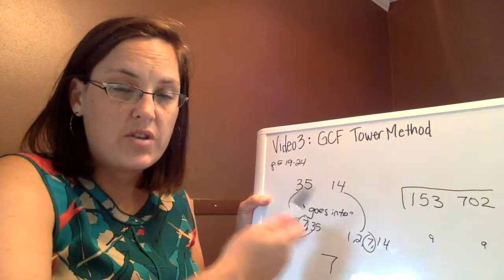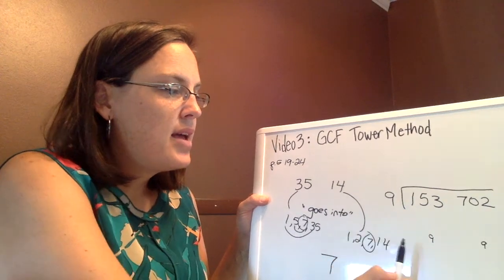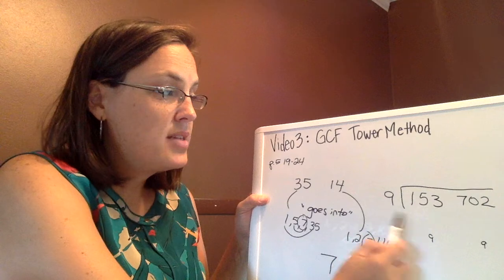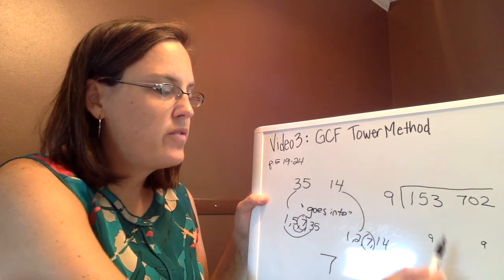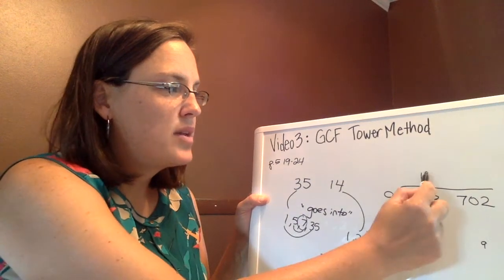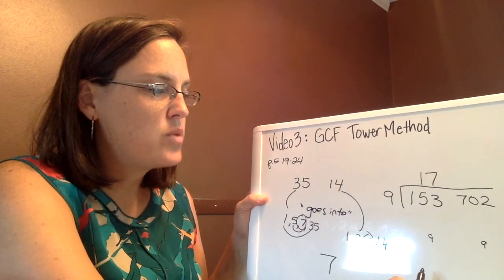It kind of looks like a division symbol, but I'm going to pull out the 9, and then I'm going to find out how many times 9 is a factor of 153. So that's 1. And then we have 63 left over, so that's 7. 17 times 9 is 153.